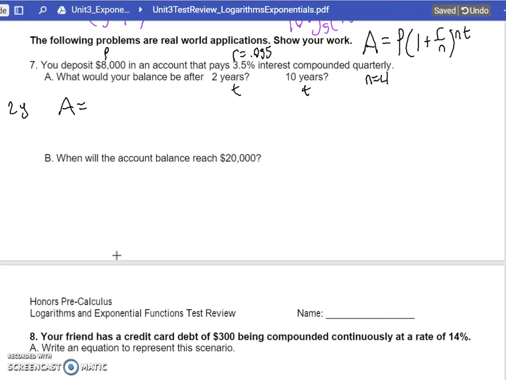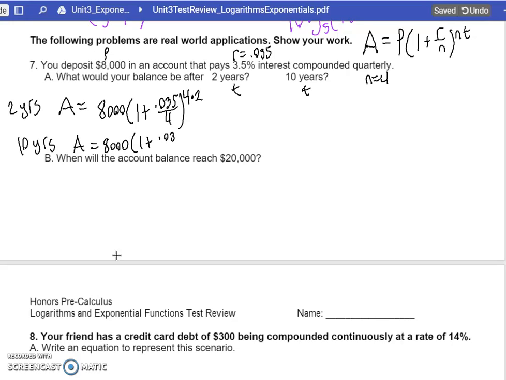So for 2 years first, we're going to do 8,000 times 1 plus 0.035 over 4 to the 4 times 2. And then for 10 years, we're going to do a similar calculation, but it's going to be 8,000 times 1 plus 0.035 over 4 to the 4 times 10. And we are going to type those into Desmos.